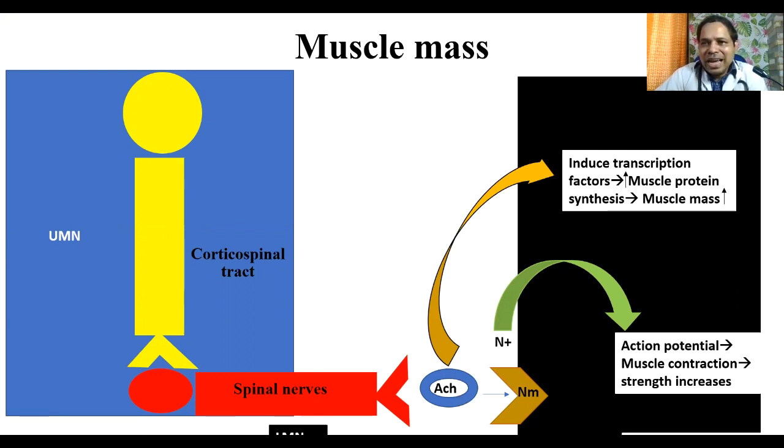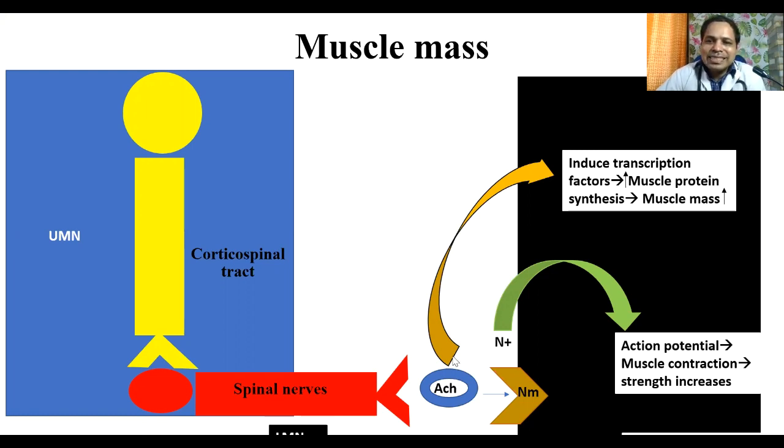Now, if you think of this black box as the skeletal muscle, the acetylcholine is going to act on the NM receptor present on the skeletal muscle. Because of the depolarization, sodium gets influxed and that generates an action potential, causes muscle contraction and increases the strength of the muscle. This is physiological.